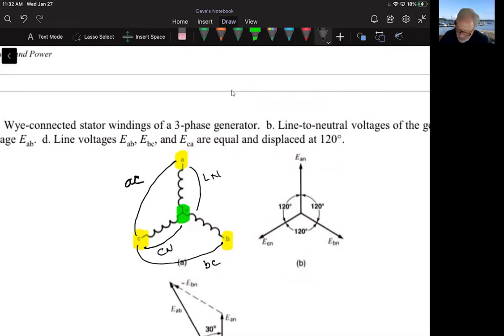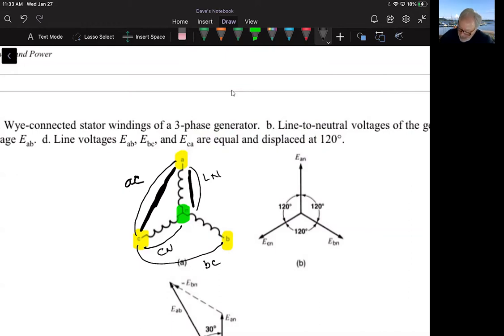All right, so what we're going to do here, and this is important so you don't get lost in the terminology, this will be line voltage measured as phase to phase, and this is line voltage measured from phase to neutral, or as they say, line to neutral.